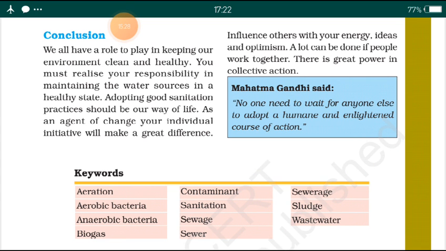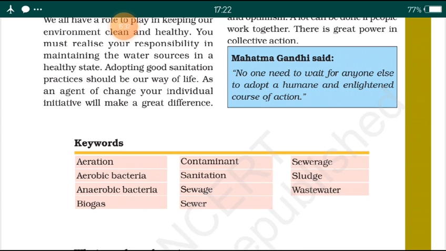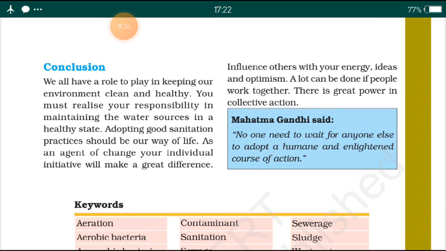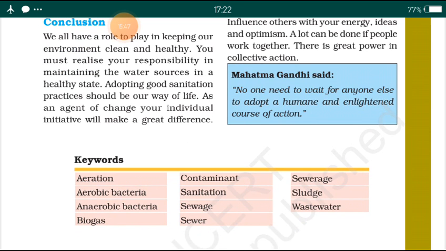As an agent of change, your individual initiative will make a great difference. Influence others with your energy, ideas, and optimism. A lot can be done if people work together. There is great power in collective action.